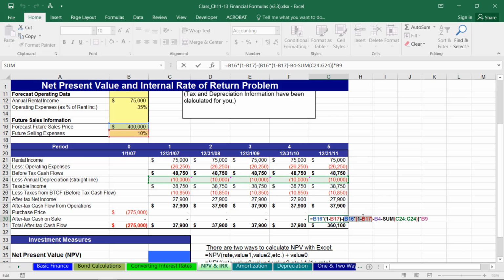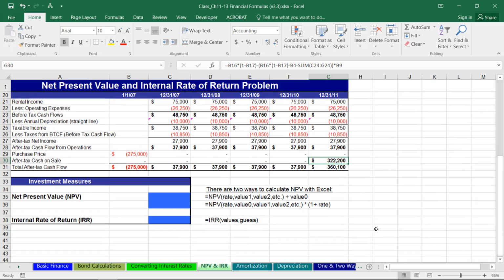So that is the net cash from the sale minus the purchase price, and then adding back in any depreciation we've taken, and we'll pay taxes on that. So that net sale minus any of the taxes is shown here as after tax cash from the sale, and gives us a total down here of $360,100 for year 5.